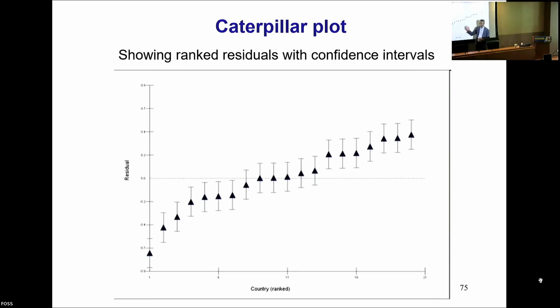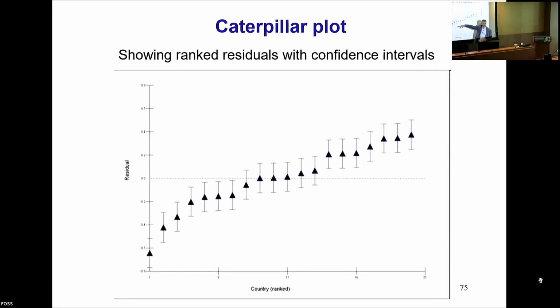But here we have very strong evidence for the need of multi-level models because clearly for some countries, like this country over here, for some level 2 units, you have very low group level residuals. And for other countries, you have very high group level residuals. So this is saying that the distribution of the group residuals is important.